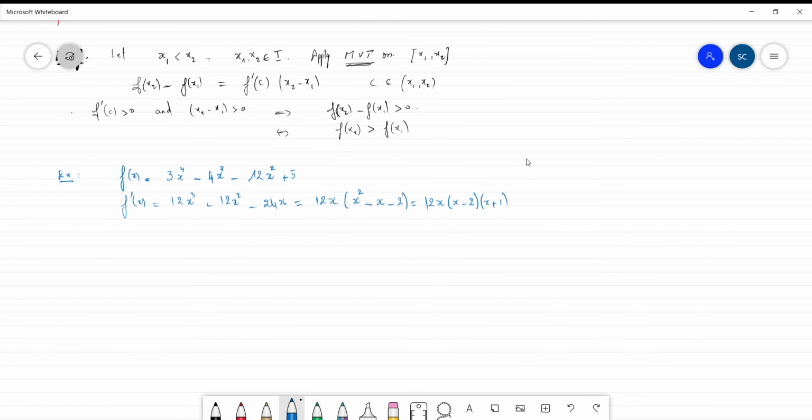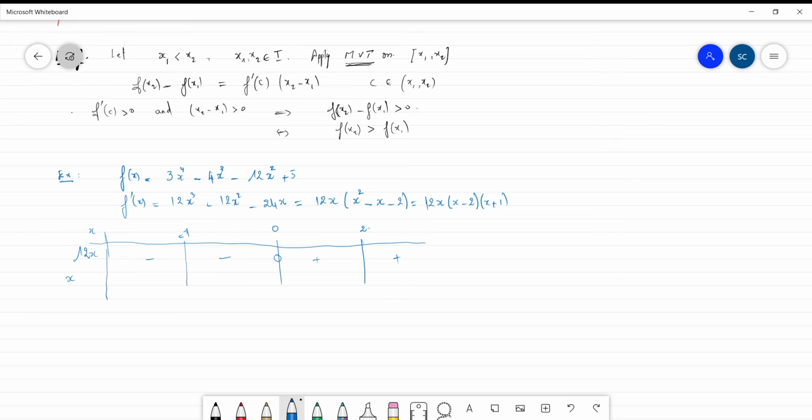It is enough to study the sign of f prime so that we can deduce the monotony. A way to study a sign, if you remember, is to use a table for the factors. So we have three values involved here: -1, 0, and 2. The first factor is 12x, which is positive if x is positive, equals 0 here, negative elsewhere. Then x plus 1 is positive here, equals 0 here, negative elsewhere.